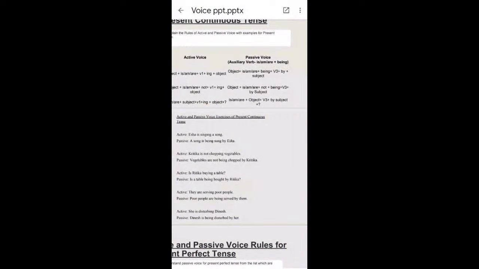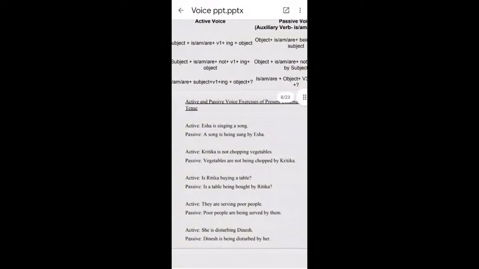But when we are changing it to a passive sentence, the object here is vegetables, and vegetables is plural. That's why we are making use of are. Since it is a negative sentence, not will be retained: are not. You cannot write vegetables are not chopping by Kritika.